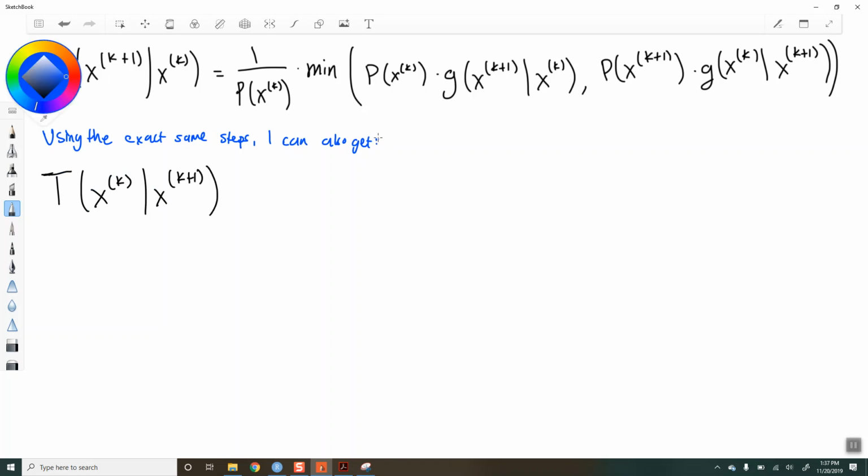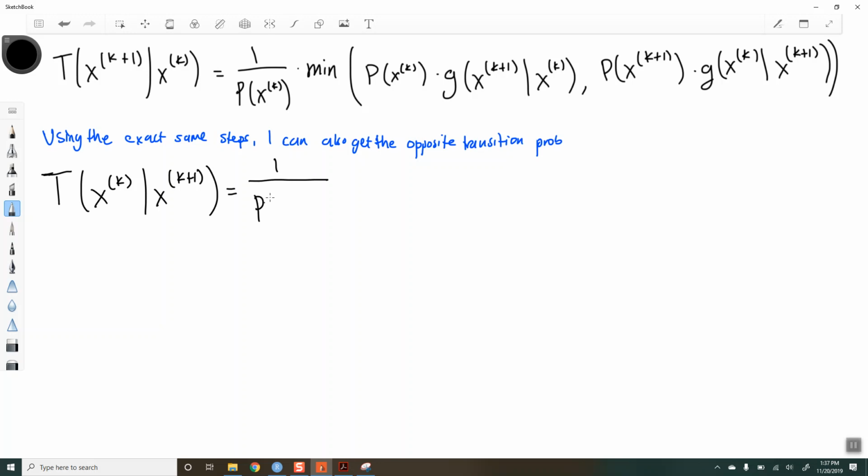Every place I see an xk, I'm going to replace it with xk plus 1, and every time you see an xk plus 1, replace it with xk.